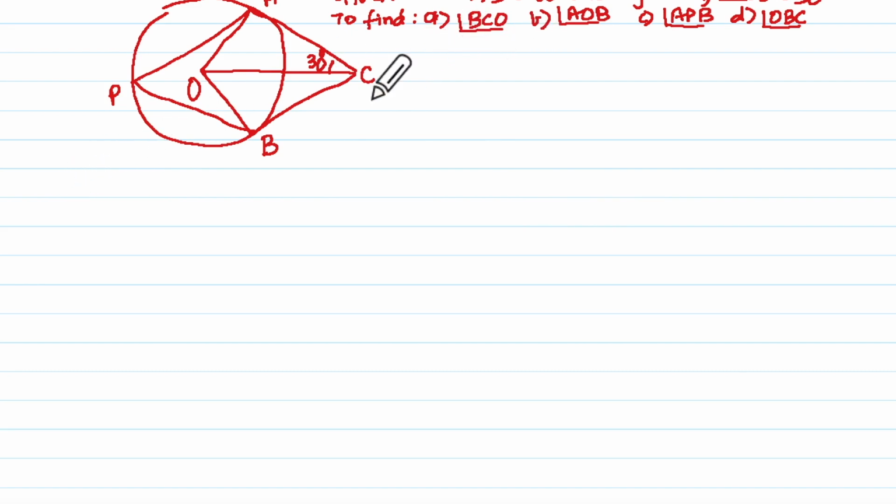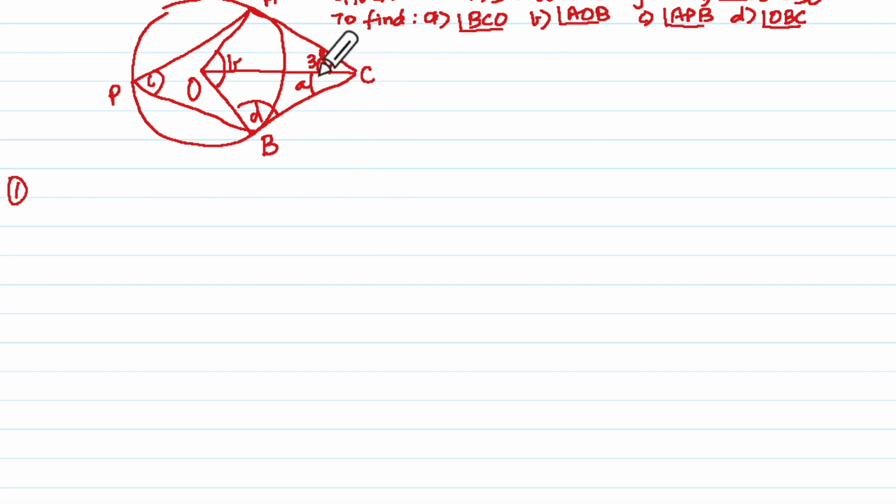If you look at BCO here, we will call this small a. AOB we will call small b. APB we will call small c, and OBC we will call small d. Now the first statement you can write is that AC and BC are equal because they are tangents from an external point.